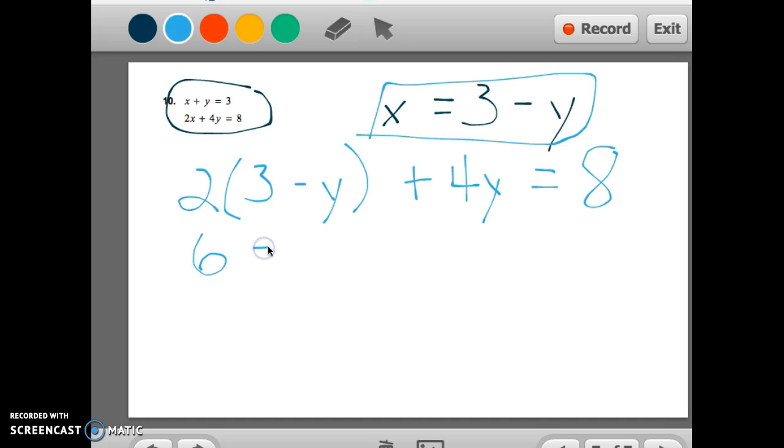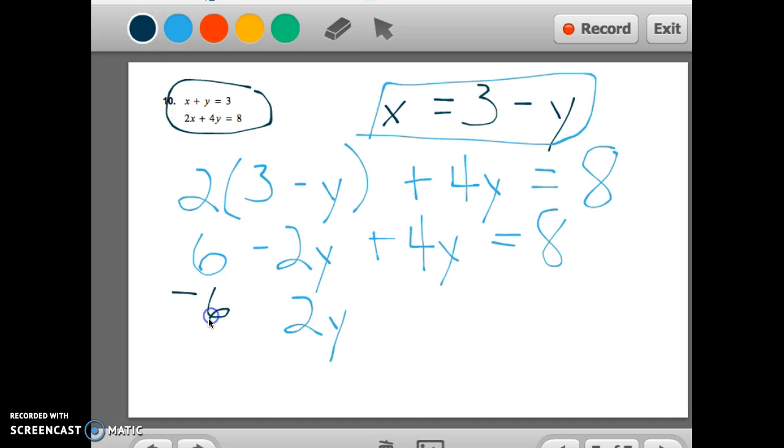We get 6 minus 2y plus 4y equals 8. And minus 2y plus 4y just comes to 2y. And this 6 I can subtract from both sides. And we'll get 2y equals 2. So y equals 1.